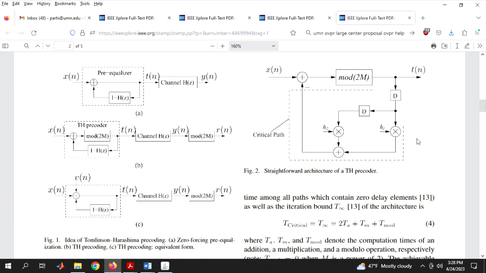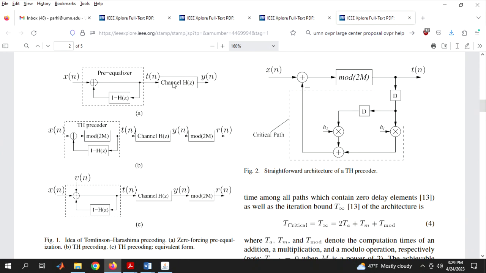Think about what we are trying to accomplish. There is a channel, whether it is a wireless channel or a copper cable or a coaxial cable or a fiber cable, it doesn't matter, all of the channels are distorting signals, they are attenuating signals, they are providing a frequency response to the signal. So if you assume the channel H, let's look at figure A on top left.